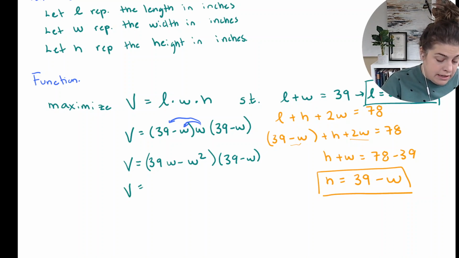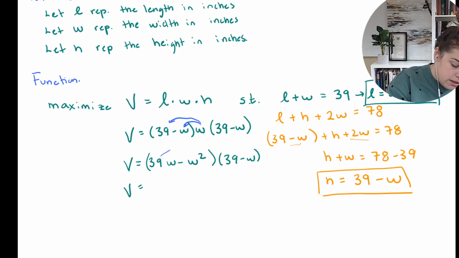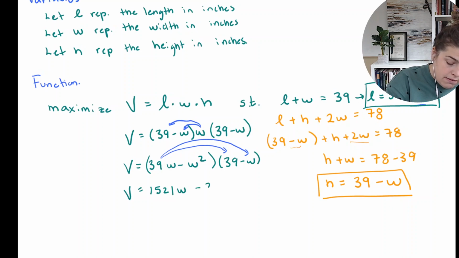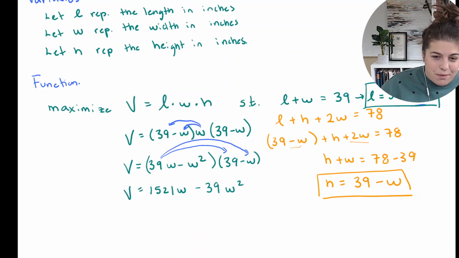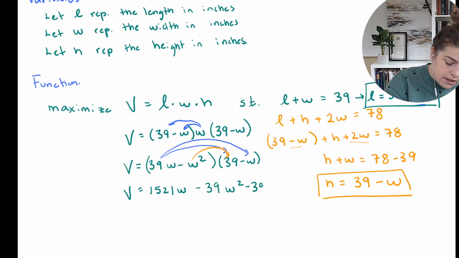And so 39 times 39. These are FOIL techniques there. So we're going to have 1521W. Then we're going to have negative 39W squared. Then we're going to have negative W squared times 39. So another minus 39W squared.